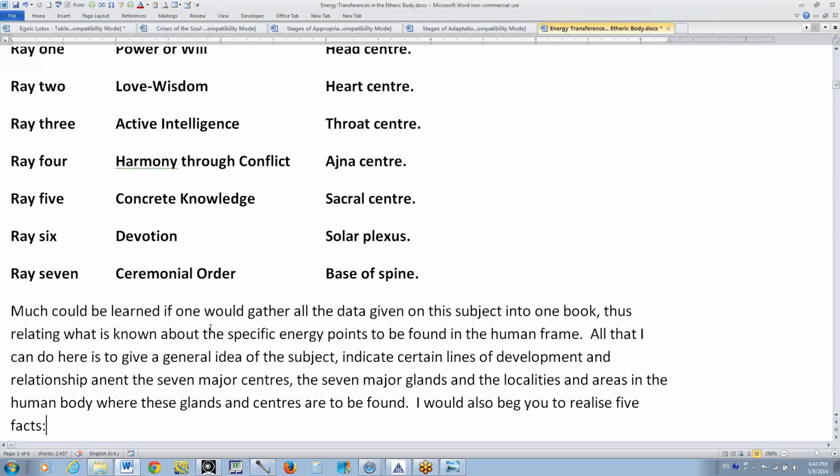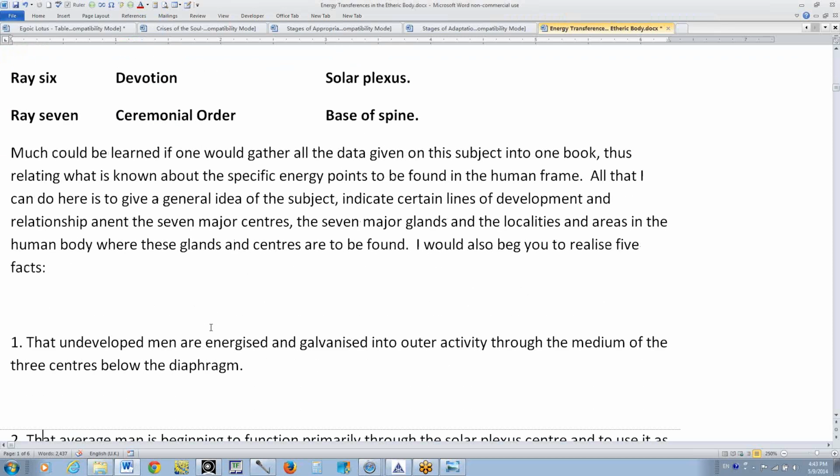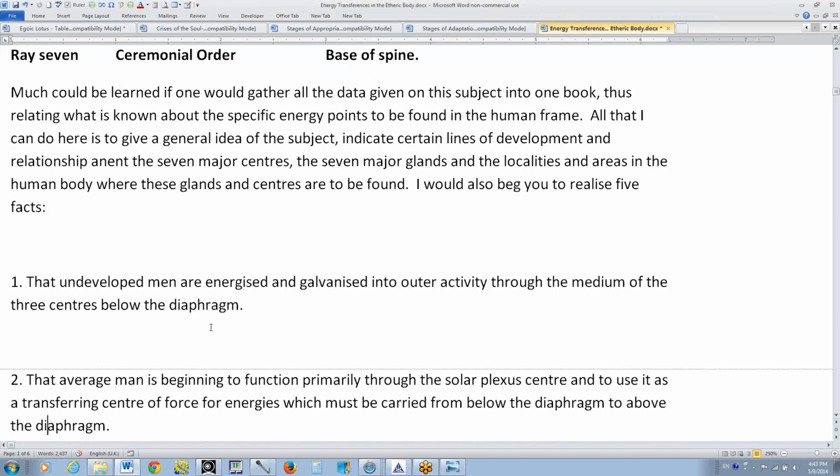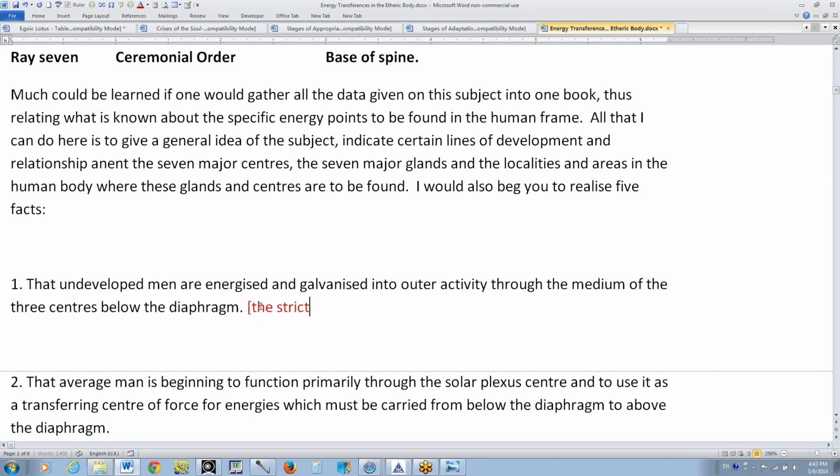Okay. So I'd also beg you to realize 5 points: that the undeveloped men are energized and galvanized into outer activity through the medium of 3 centers below the diaphragm, and that's pretty clear. That's, what do we call, maybe the strictly personal life. And even before personality integration.